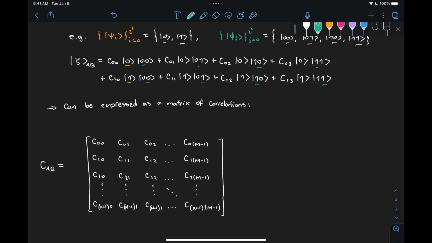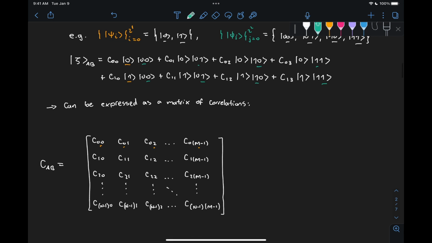So basically we organize them so that the rows of this matrix represent the coefficients of the psi sub i's, and the columns of this matrix represent the coefficients of our phi sub j's.